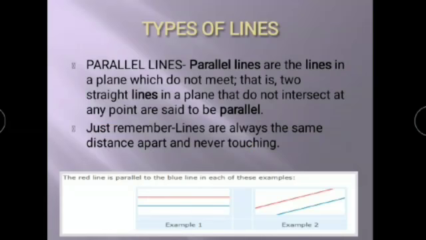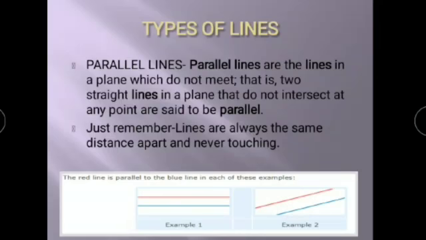Now we will read about different types of lines. Parallel lines. Parallel lines are the lines in a plane which do not meet. That is, two straight lines in a plane that do not intersect at any point are said to be parallel. Lines are always the same distance apart and never touching.